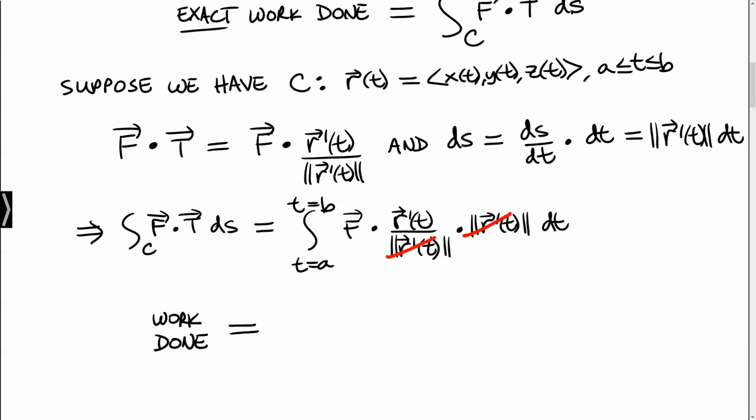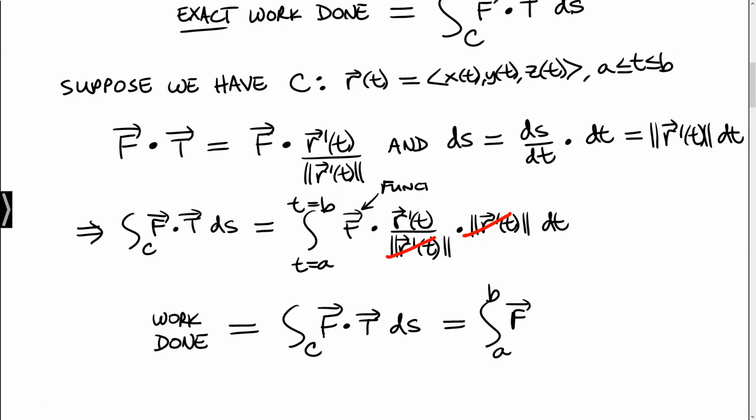so far, we have two different forms for it. So we have kind of like the definition, which was the integral along C of f dotted with t ds, but that's also equal to this particular integral if we have a parameterization of f. Now here I have to remember that this is implicitly a function of time, because f is a function of x, y, and z, but x, y, and z are each functions of time.